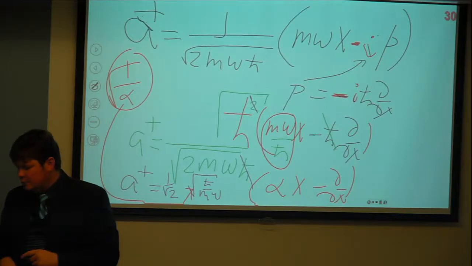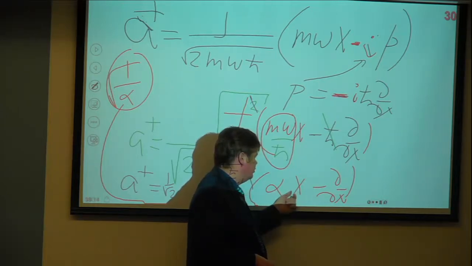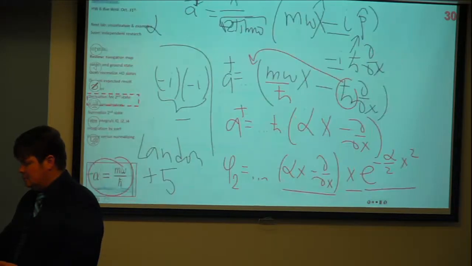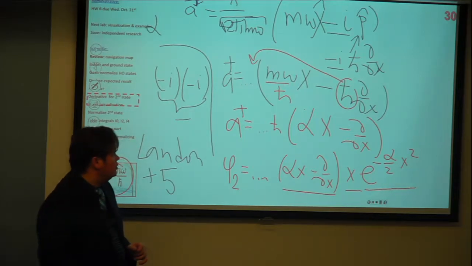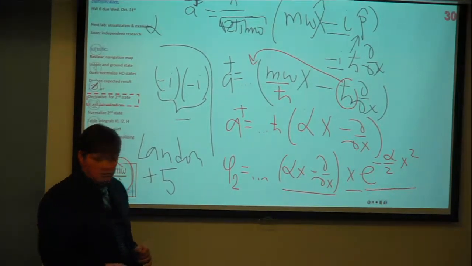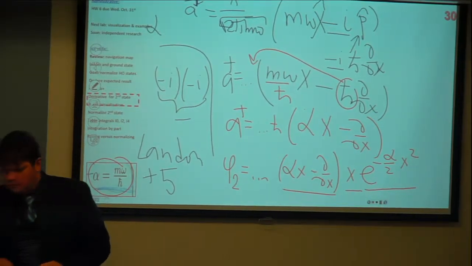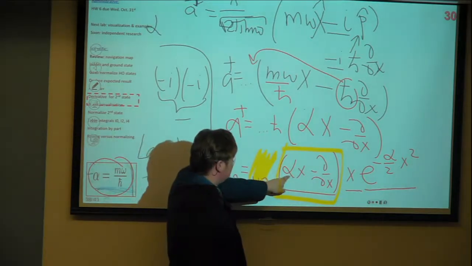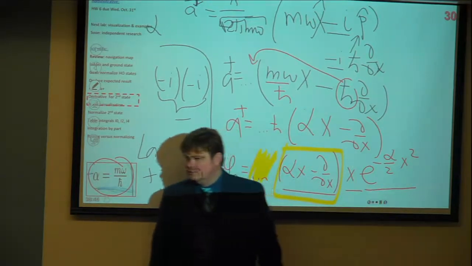It is the same raising operator, just it is more comfortable to practice application of this operator to the first eigenstate. And since we are going to normalize anyway, we can forget about the factors temporarily and just apply this alpha x minus d/dx to the first excited state, right?